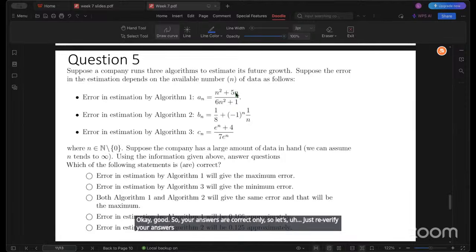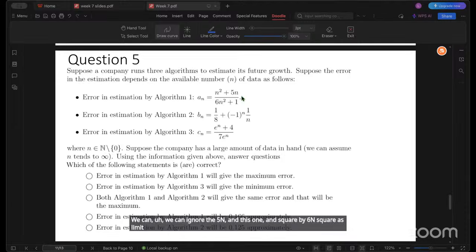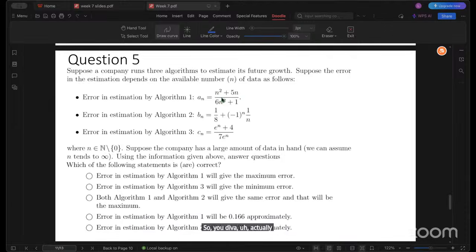So the first one is very straightforward. How do you deal with the first one? We can ignore the 5n and the n square by 6n square as the limit tends to infinity. So you divide the numerator and denominator by n square.